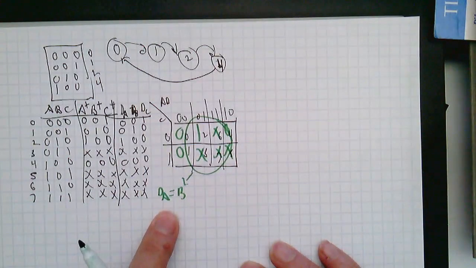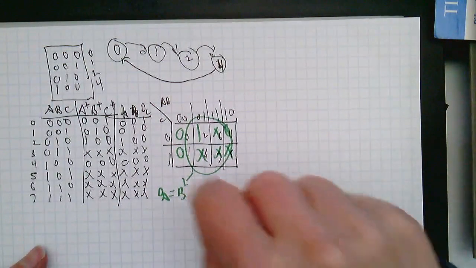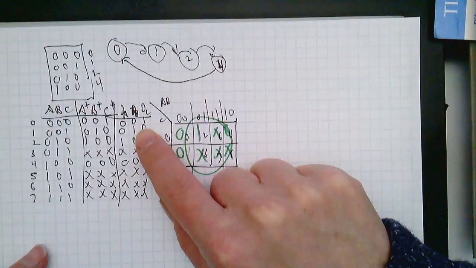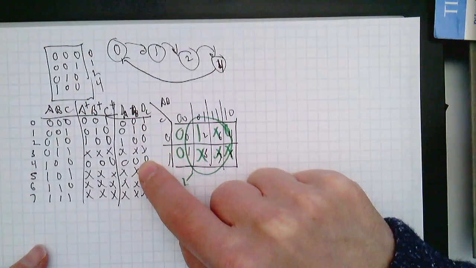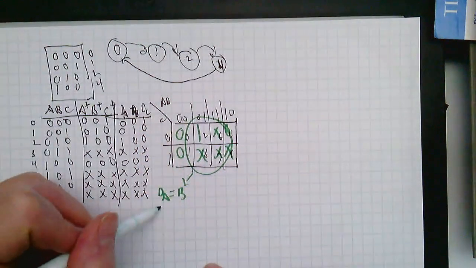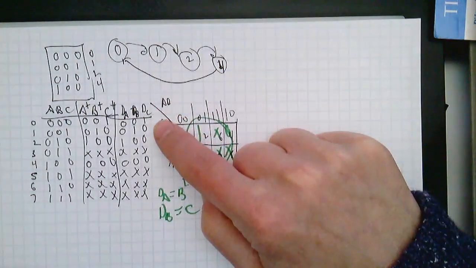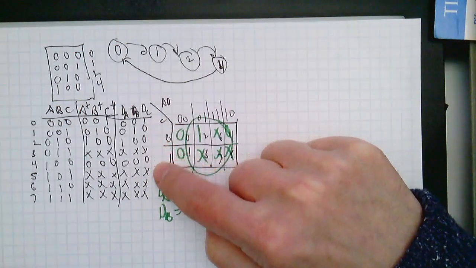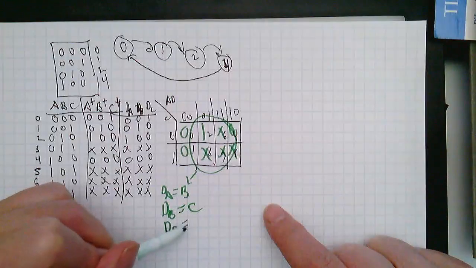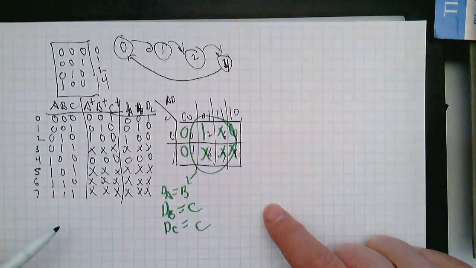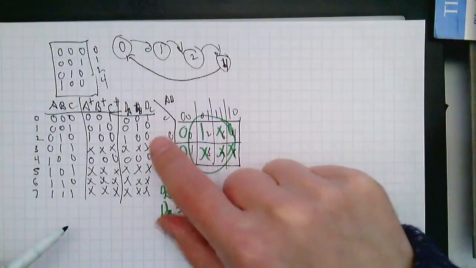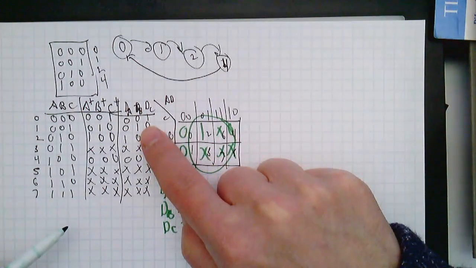So let's just set D sub A equal to B. In fact, you could make D sub B equal to C, and D sub C equal to C. Now D sub B can't be equal to C. It must be equal to B.